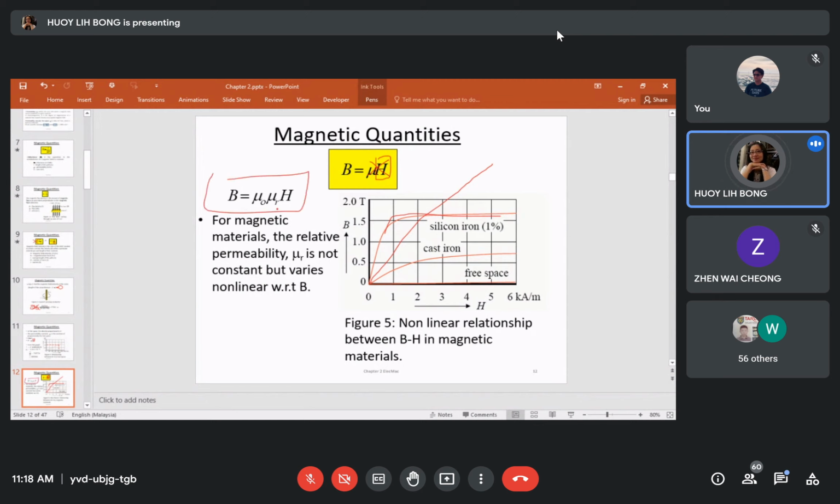Mu naught times mu r times H. If you have a conductive material, like silicon iron or cast iron, it will saturate at a point. In the lab, you also see the motor run linearly, then it will reach a maximum point. So it depends on the ferromagnetic material that you use.